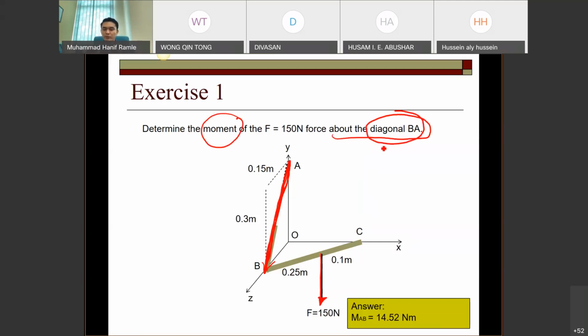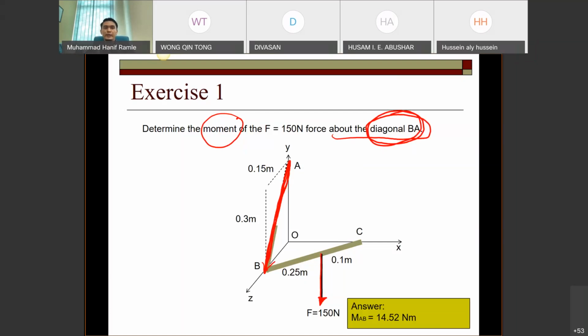If you read through diagonal BA, it is actually an axis from B to A. So you have to use a scalar product to get the moment about an axis.